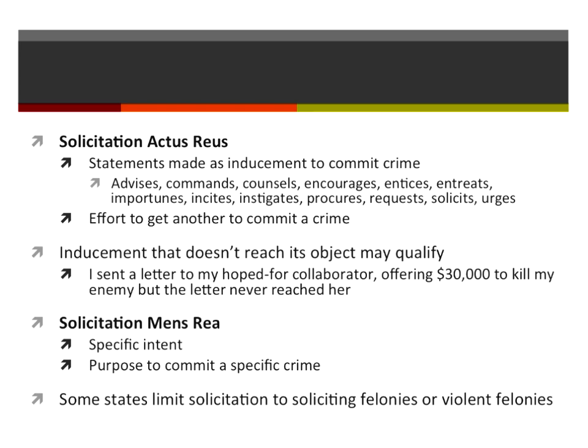The mens rea here is specific intent, a purpose to commit a specific crime. Some states have limited their solicitation laws to soliciting felonies or violent felonies. And that ends this lecture.